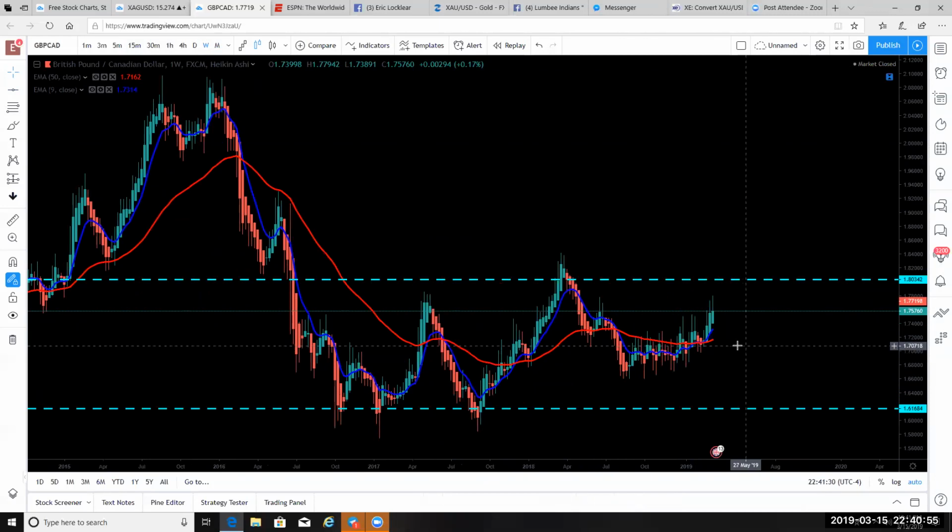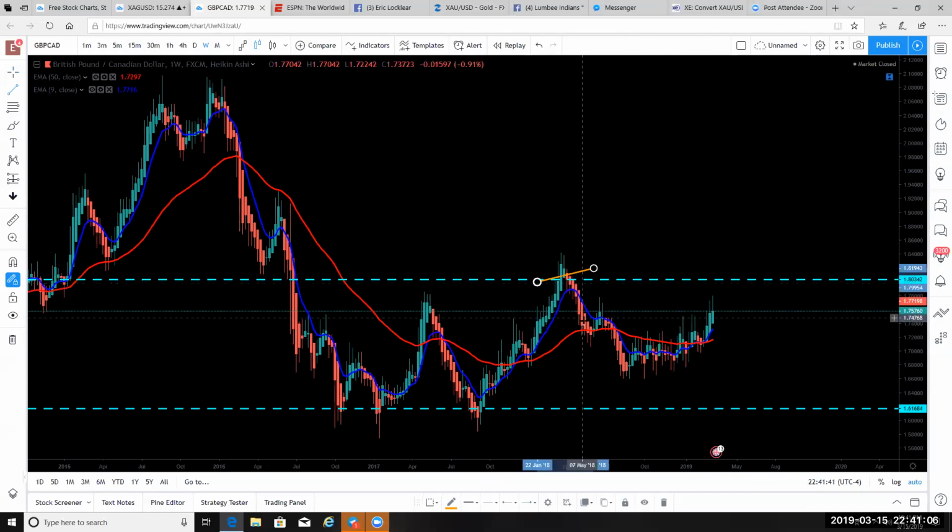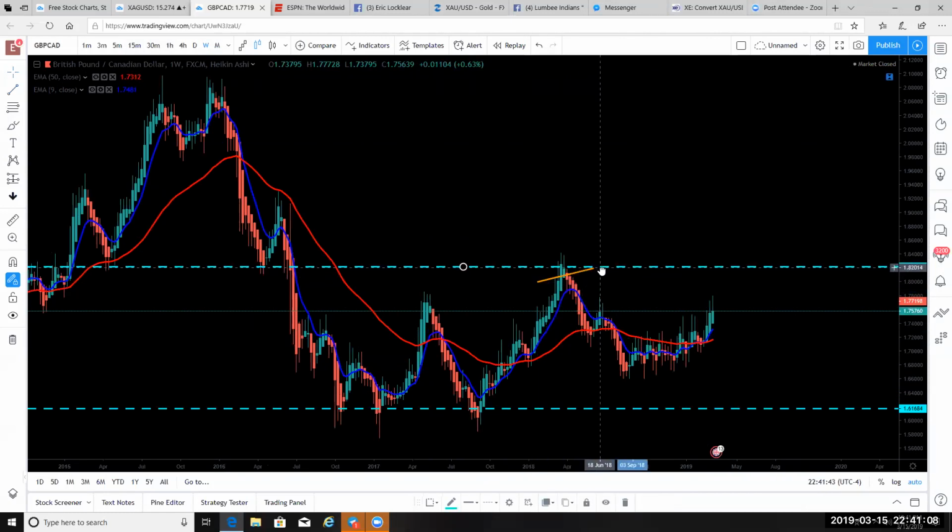If it's in the middle, I don't even mess with it. But if it's close to the top, like this here would have been here, like this would have been here, I would have wanted to get in there.